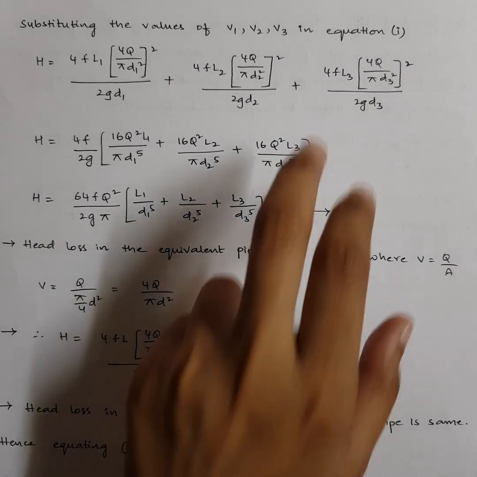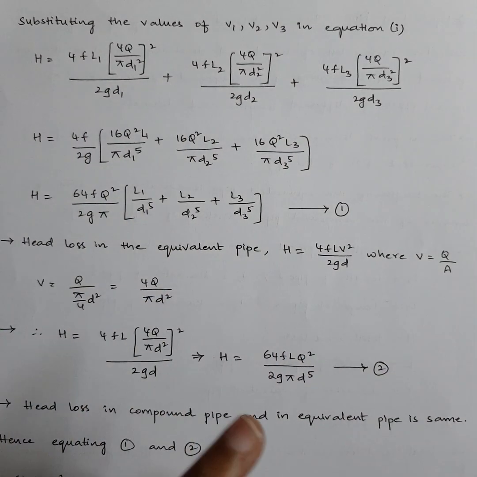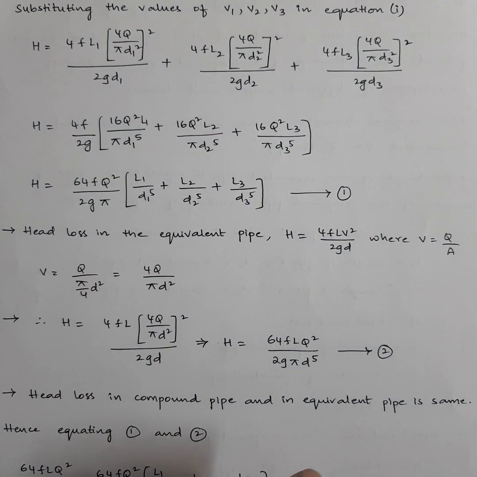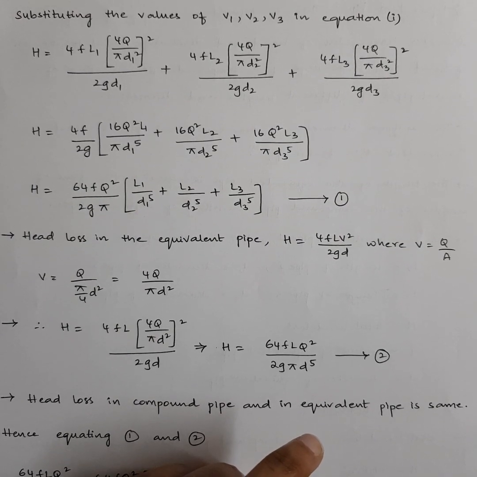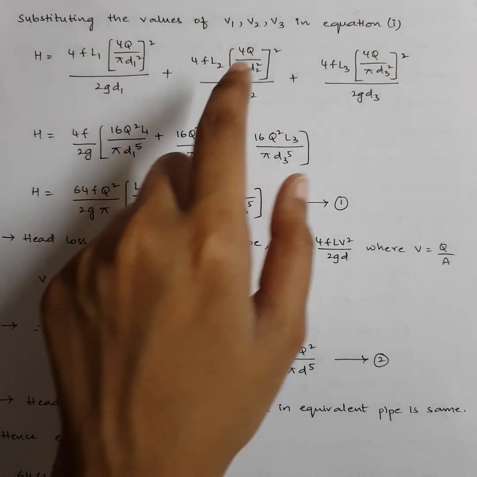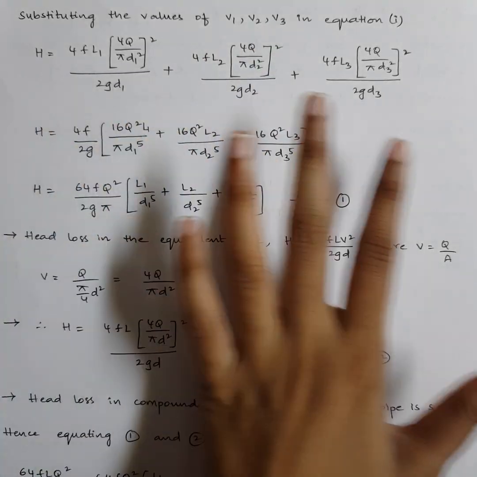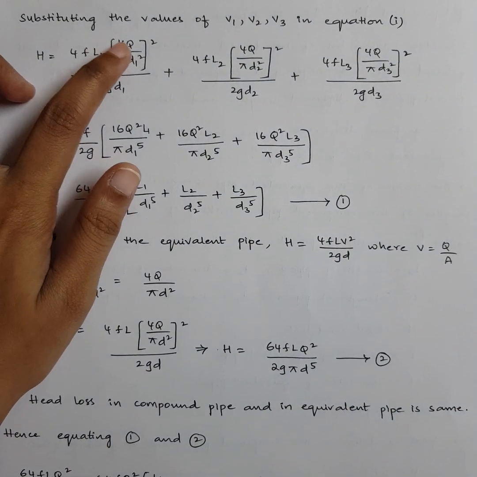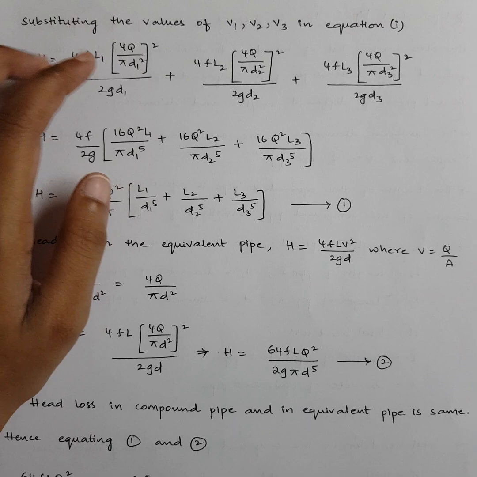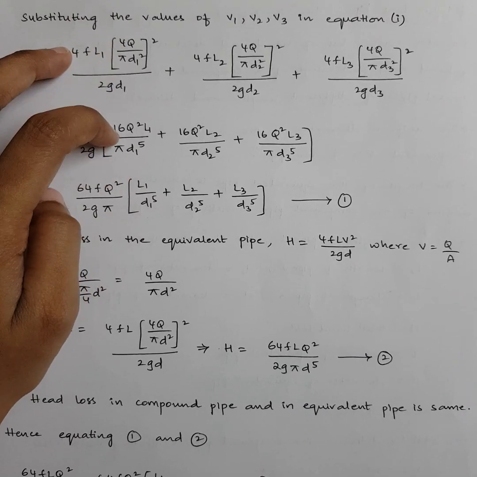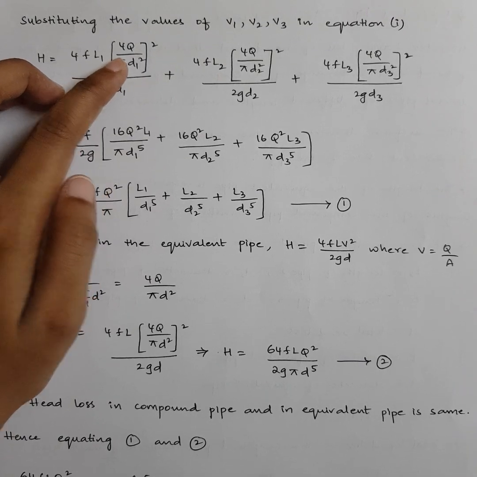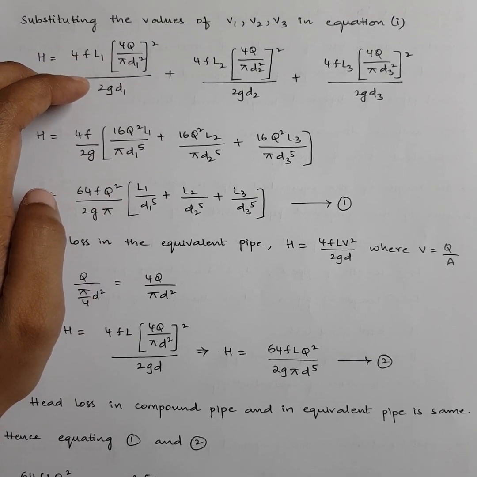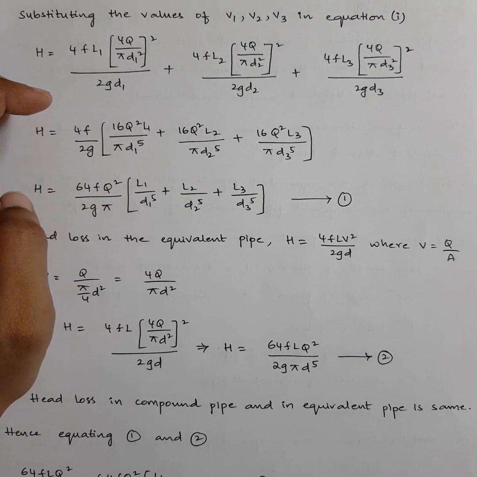Now let's substitute the values of V1, V2, V3 in H. Just now I showed you, after neglecting the minor losses, 4f1 L1 V1 square by 2gD1 plus and so on up to 2gD3. In that equation, let's substitute the values of V1, V2, V3. So what will happen? This 4Q by pi D1 square whole square will become 4 whole square is 16, Q whole square is Q square, and pi whole square will be pi square.